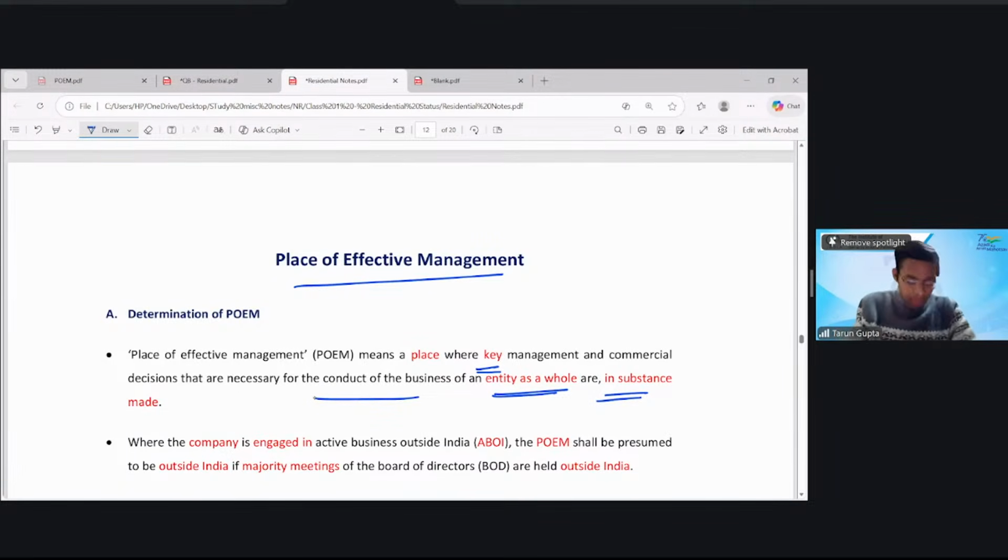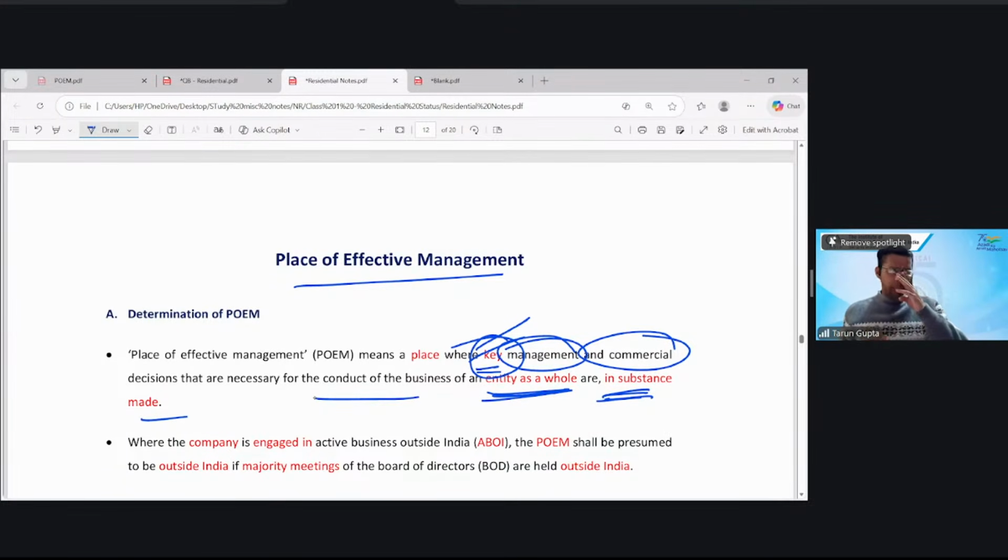So, POEM means a place where key decisions, which type of decisions? Management and commercial decisions, and that is key, which are necessary for the conduct of business of an entity as a whole. So, the entire entity are in substance made.